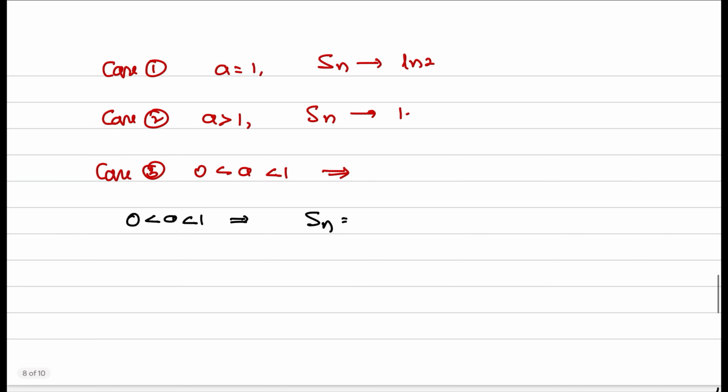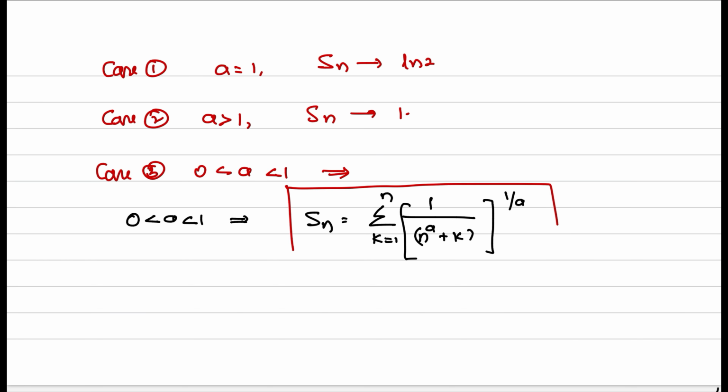Sn is equal to sigma k is equal to 1 to n of 1 by (n to the power of a plus k) to the power of 1 by a. This is the value of the sum of the series given.